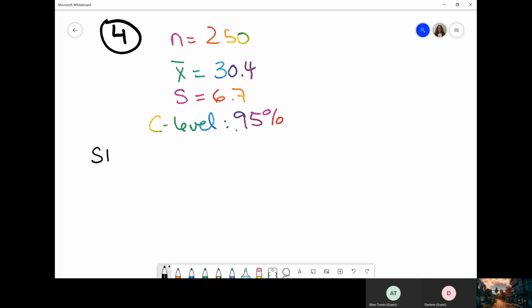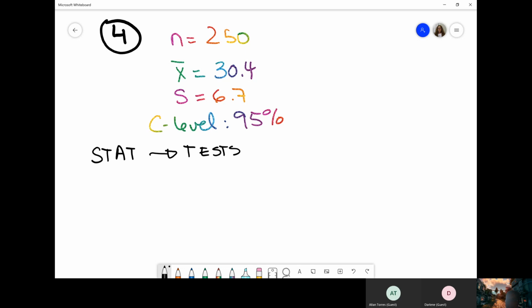So you go to stat, and then you move over to tests, and you have to scroll down. Again, it's all in the reading of the problem.